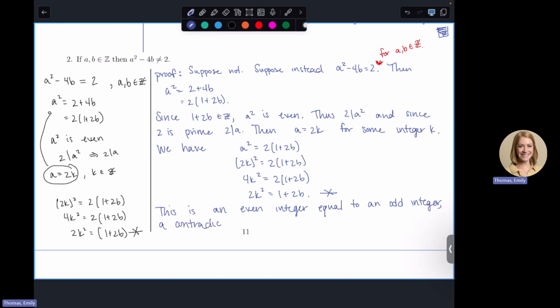So this is an even integer equal to an odd integer, which is a contradiction. It must be that a squared minus 4b does not equal 2 for all a and b in Z.